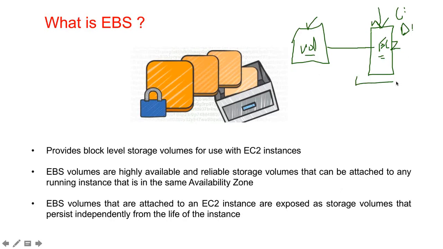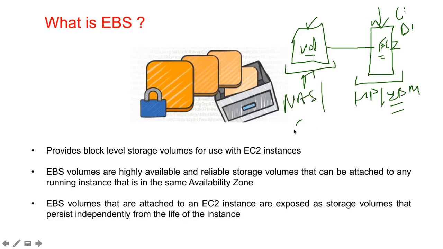For example, this EC2 instance might be running on an HP or IBM box, a physical host, and this volume is running on, let's suppose, NAS or SAN storage. So even though they appear the same, at the back end they run on a separate piece of hardware, and these two components reside in the same AZ.